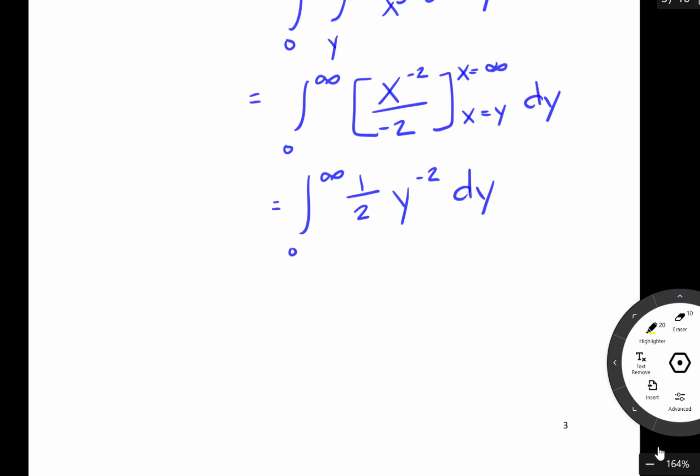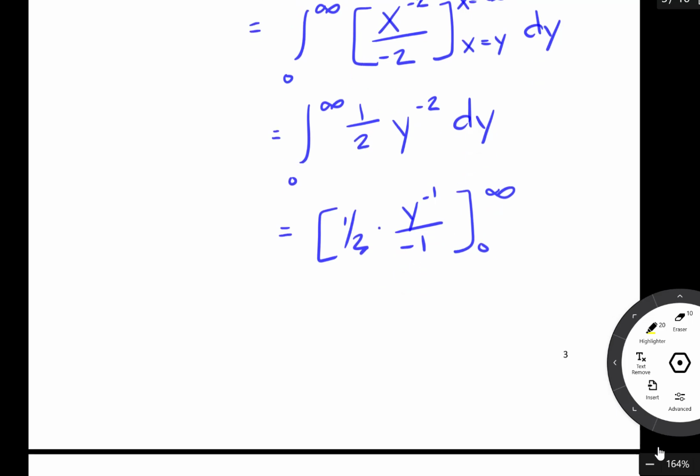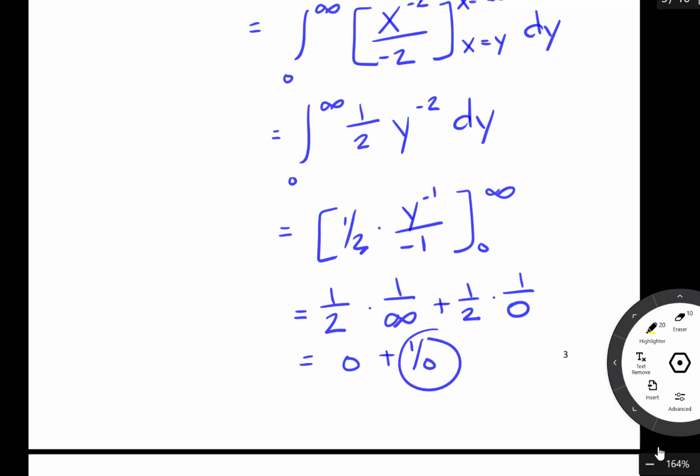Then integrating with respect to y. And notice that this is going to give us the following. And so notice we end up with this term right here, which is undefined.